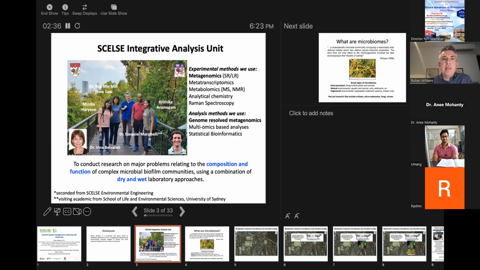We use a mixture of mostly dry lab or data-driven approaches, but increasingly in recent years, we've used wet lab approaches as well. And this is the group in somewhat happier times before we had to wear a mask all the time. These are some of the techniques we use, and today I'm going to focus on metagenomics and the analysis of that data.